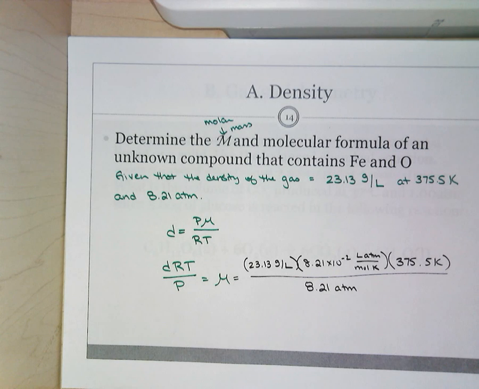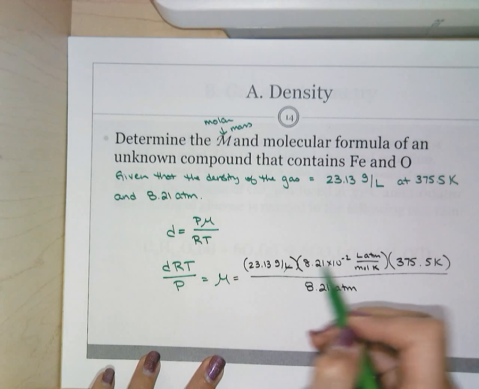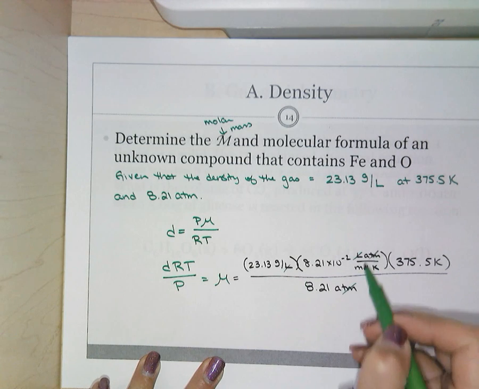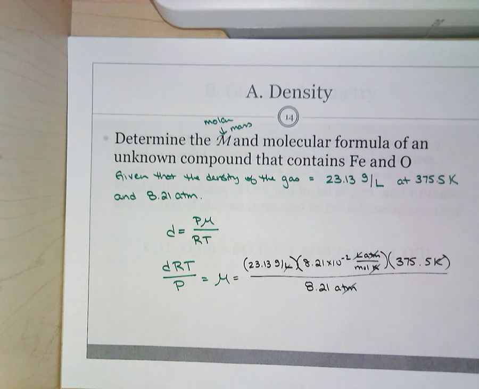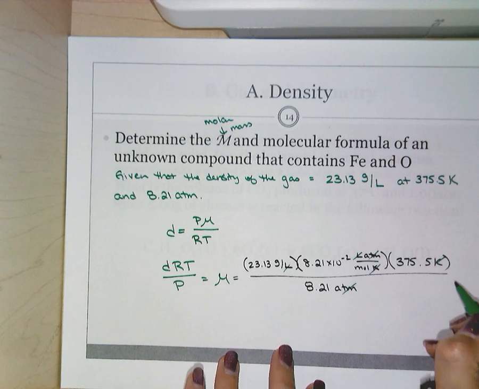All right, how do I look unit-wise? I'm good, right? Because liters and liters, atmospheres, atmospheres, Kelvin, Kelvin. I'm going to be left in grams per mole. Is that a reasonable unit for molar mass? It is. All right, so I'm going to double check my math.